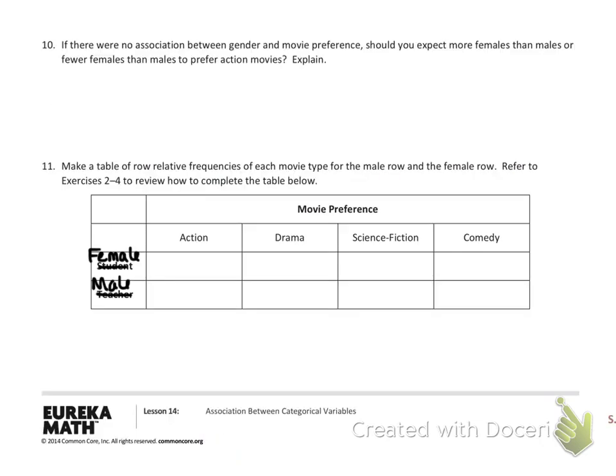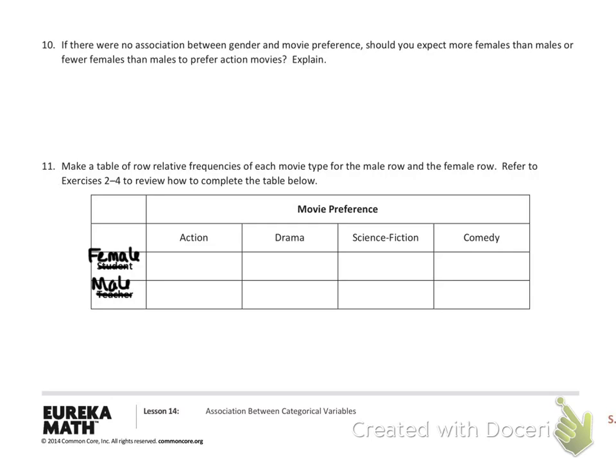If there were no association between gender and movie preference, should you expect more females than males or fewer females than males to prefer action movies? And then explain your thinking. Okay, so hopefully you paused and thought about that.